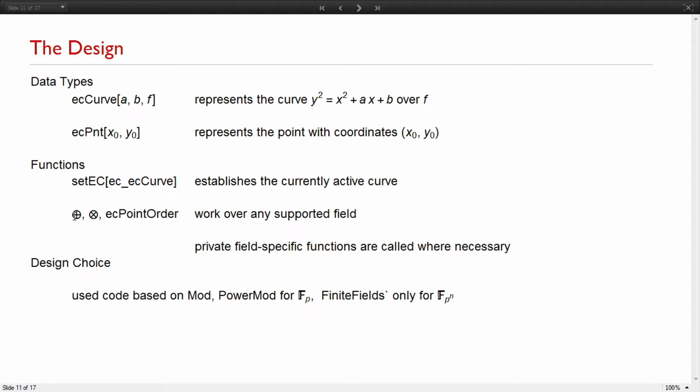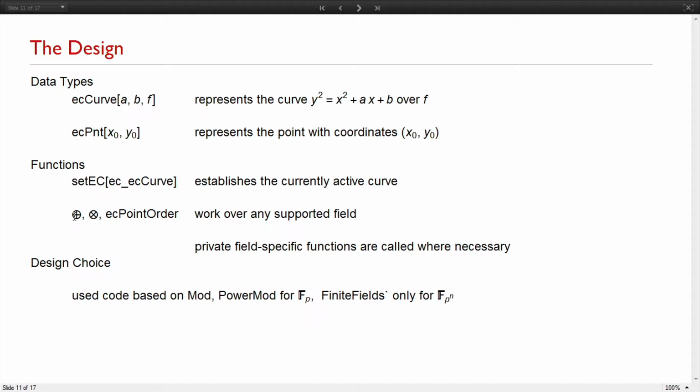One of my design choices was that for fields of prime order, the arithmetic is essentially just modular arithmetic, so I implemented special routines to do that rather than using the finite fields package, just because it's a lot easier to deal with the integers than dealing with the GF symbols in a finite fields package.